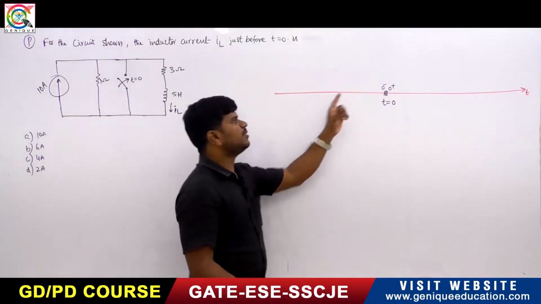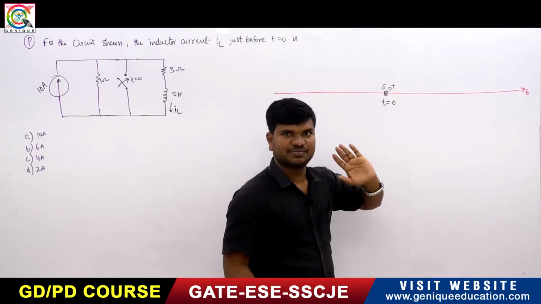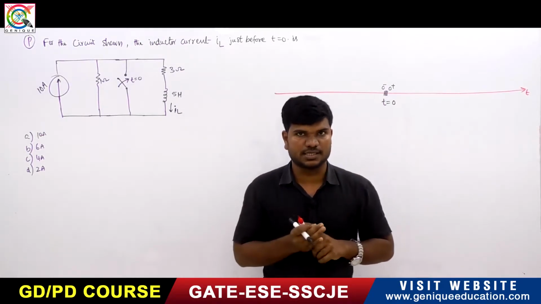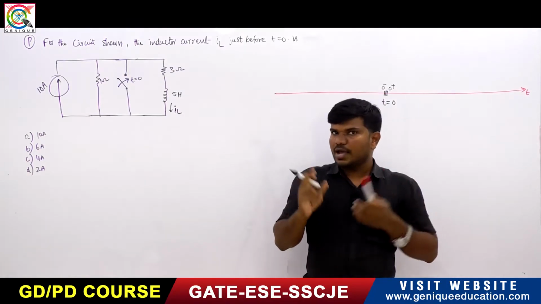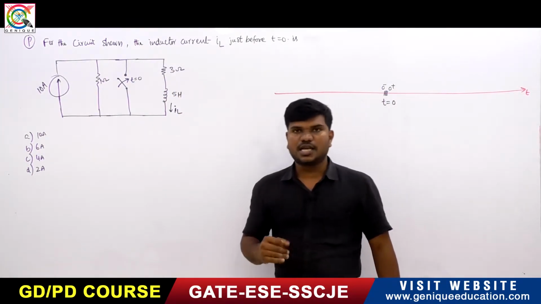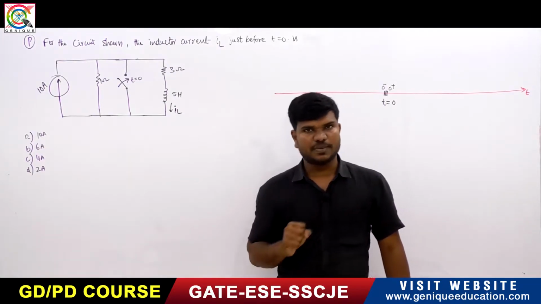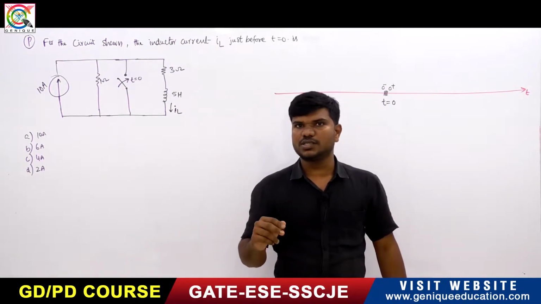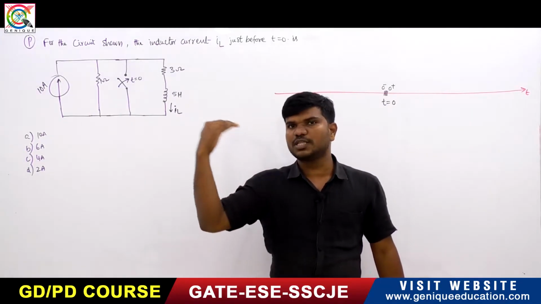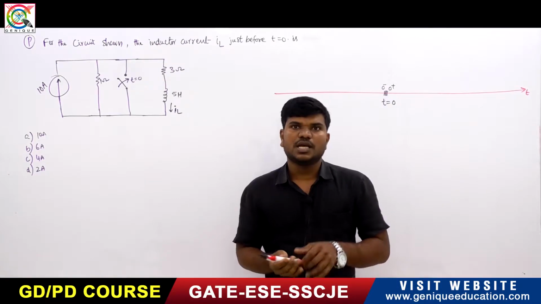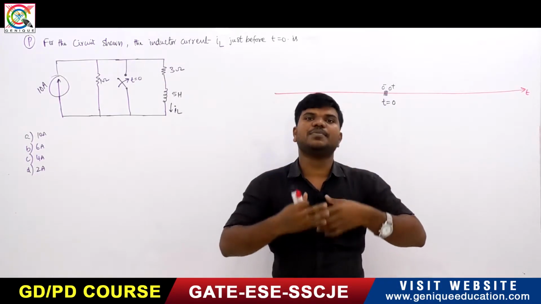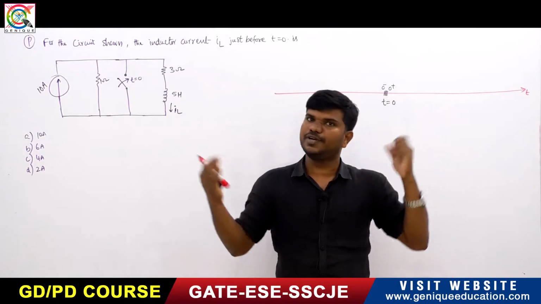There is no difference between 0 minus, 0, and 0 plus in continuous time, but it makes sense in the transient analysis. Why? Inductor, capacitor, and resistor are the three passive elements. If you observe the resistor, whenever it absorbs energy, at that instant it delivers the energy in the form of heat.